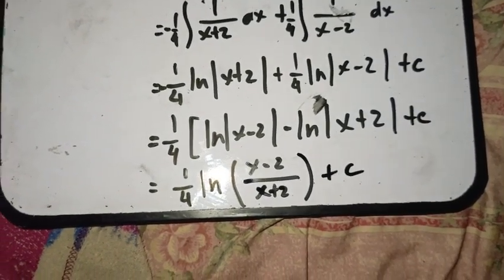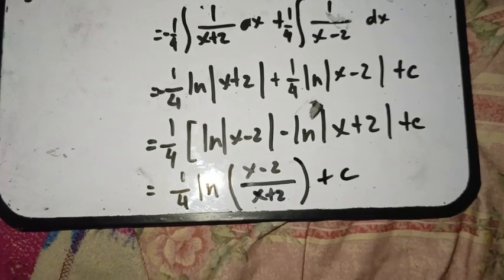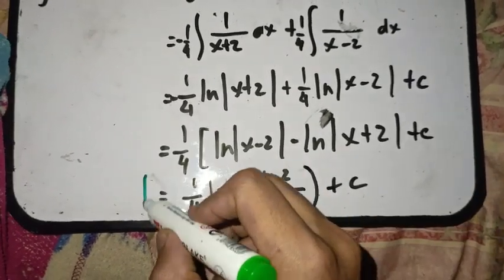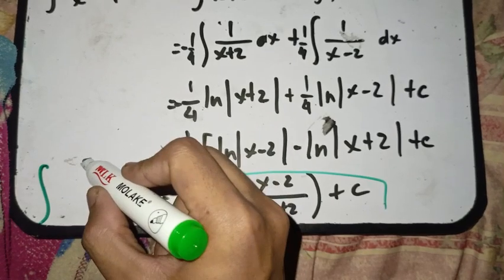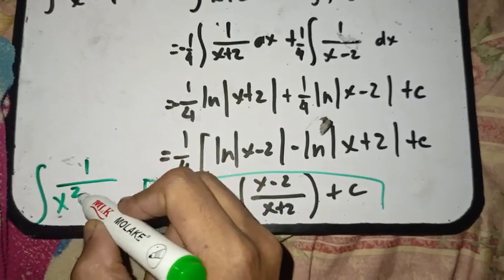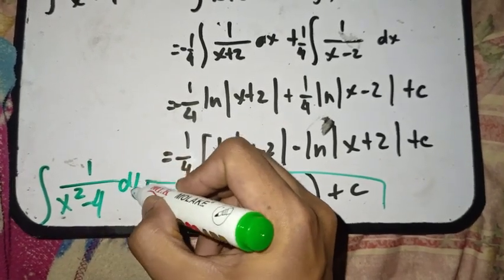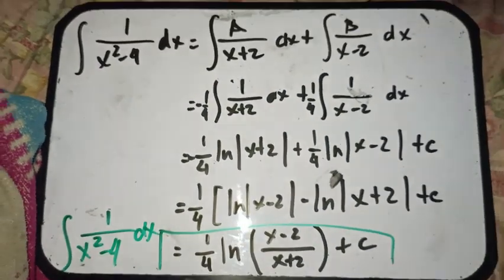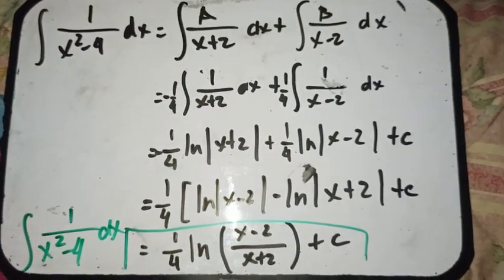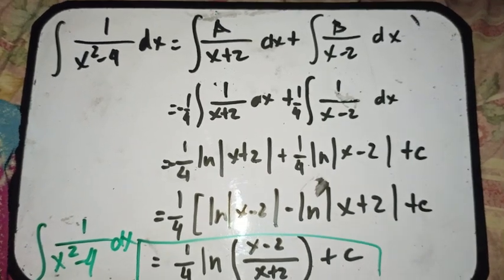So here is our final answer for the antiderivative, or integration, of 1 over x squared minus 4 dx. And that's how you solve integration by parts using fractions. That's all. Thank you.